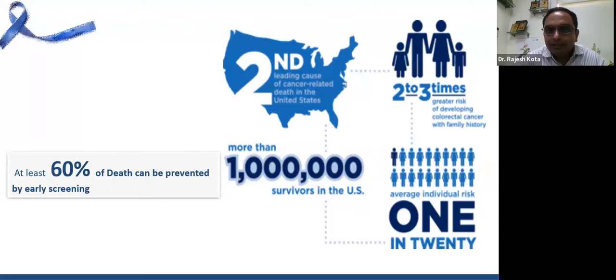If we look at the statistics from the United States, a developed country where medical facilities and public awareness are highest, it is the second leading cause of cancer-related death, even though death can be prevented if diagnosed and treated early.